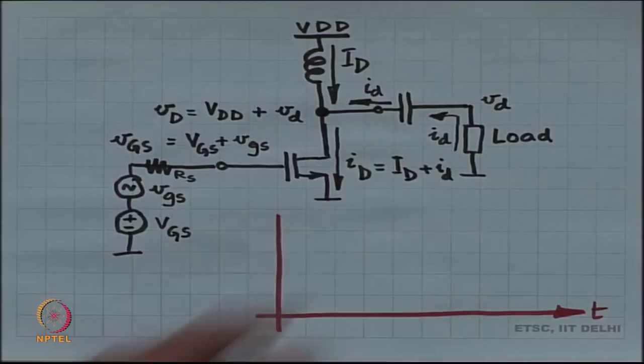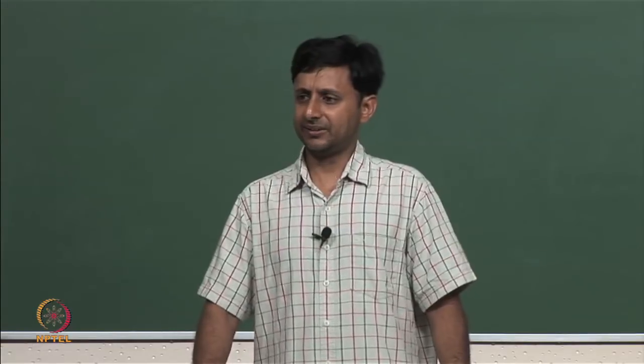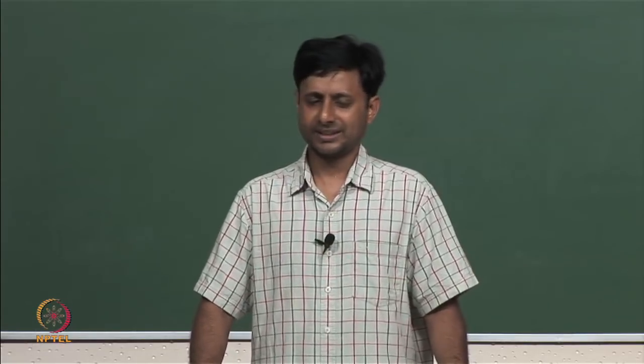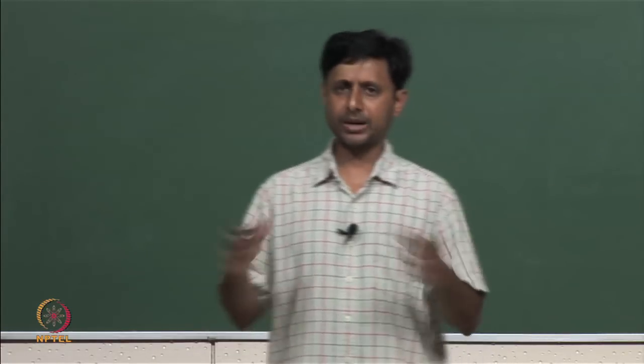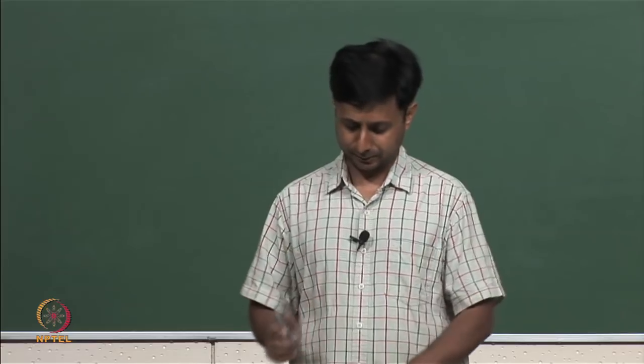Ordinarily it is not, because the MOSFET is a square law device, right. But if you assume that the higher harmonics are not there, let us say I filter out the higher harmonics through some mechanism, then I can assume that small i_d is also a sine wave. The current in the load is a sine wave. So, this is the assumption we are going to make right away.